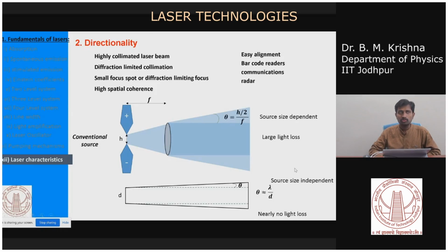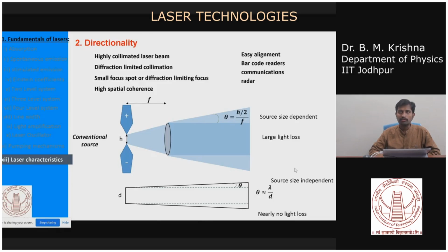Now, what is the use of these directional, or collimated, beams? It's very easy to align. For example, if a beam is traveling a longer path with a conventional source, you will find difficulties, because the beam is always diverging.